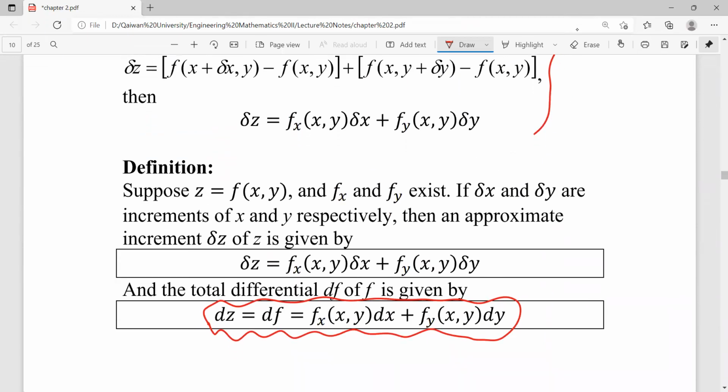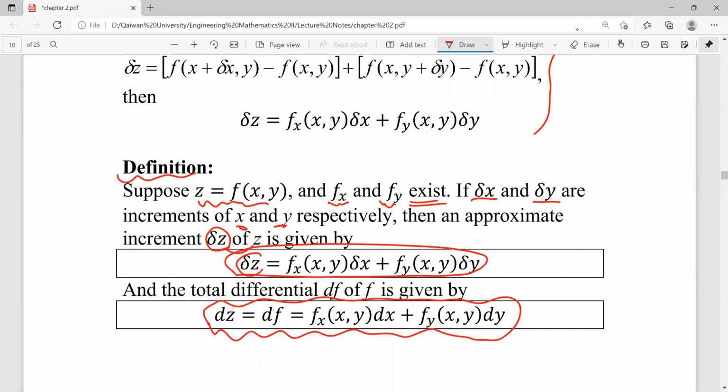Two examples. Here we have this definition and it says if z is a function of x and y, and also f sub x and f sub y exist, if these two partial derivatives exist, and if delta x and delta y are increments of x and y respectively, then the approximate increment delta z of z is given by this equation.